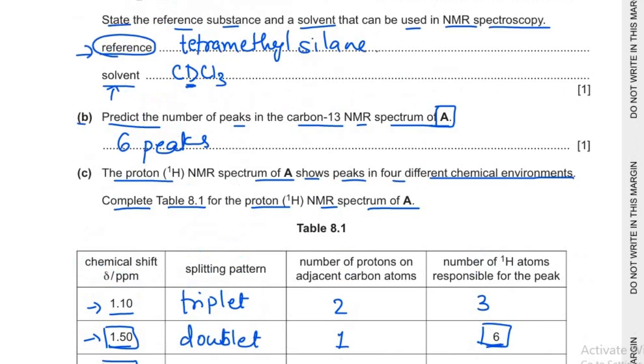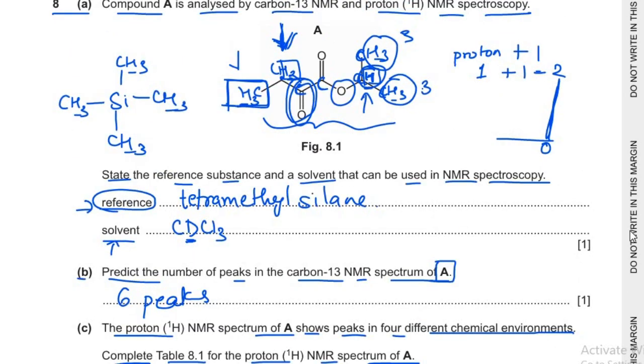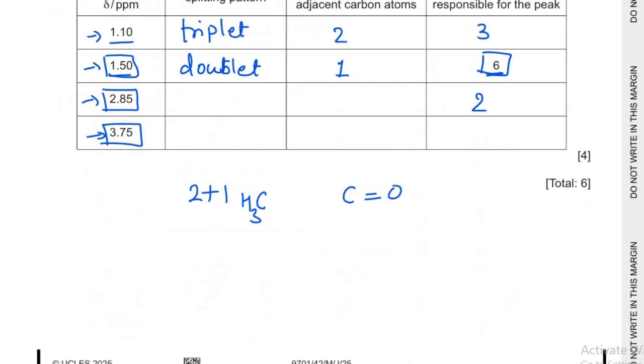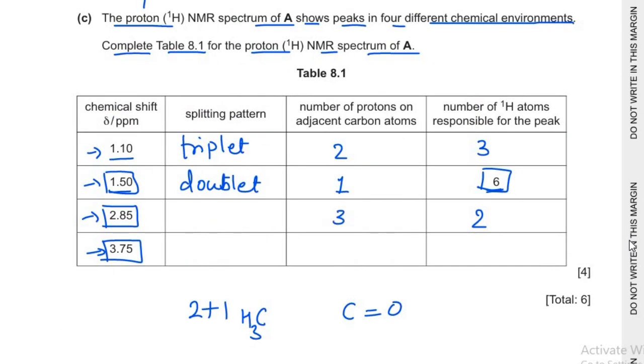Let's have a look at what is there. Yes, this is CH3 present beside this CH2 group. So how many protons are on the adjacent carbon? 3, and that's why the splitting pattern will be 3 plus 1, that is a quartet. Yes, 3 plus 1, quartet.